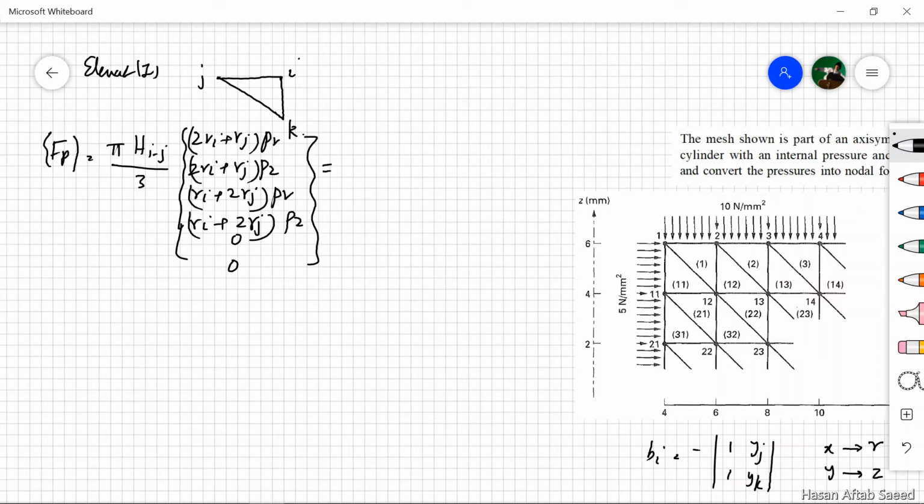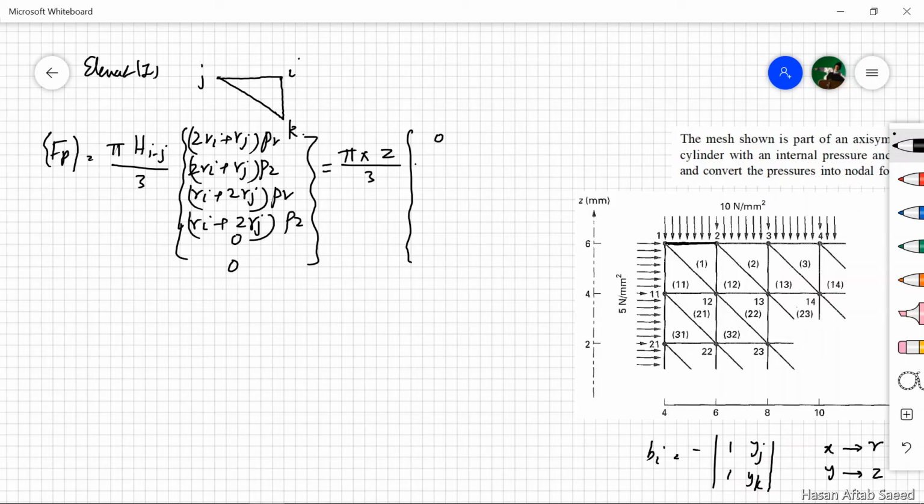Now this length H is what we were talking about, this length here. This is 2 over 3. Now PR is 0 in this case. This is the pressure on element 1 in Z direction. This is 0 as for the second line. So this whole thing becomes 0.